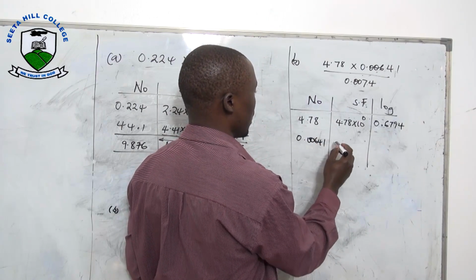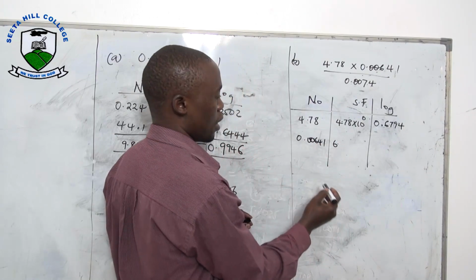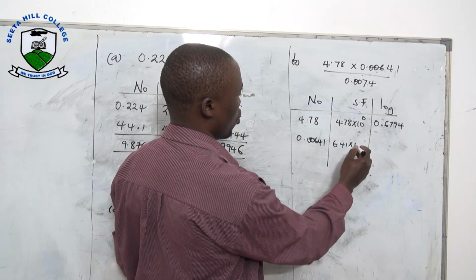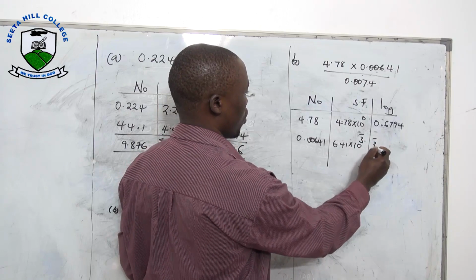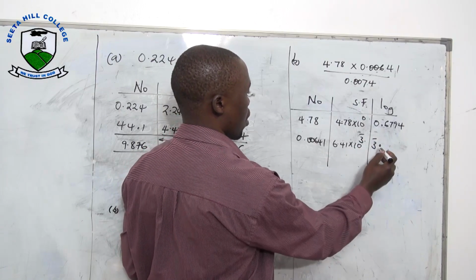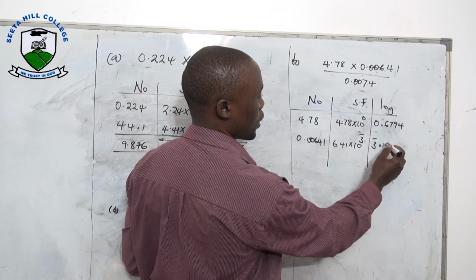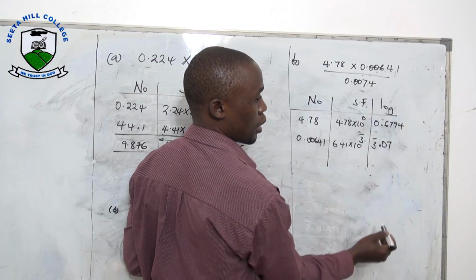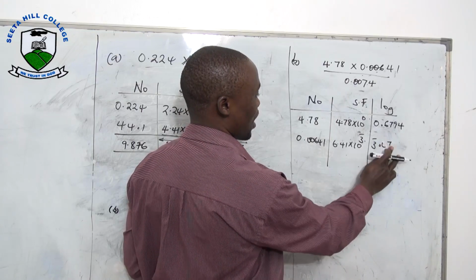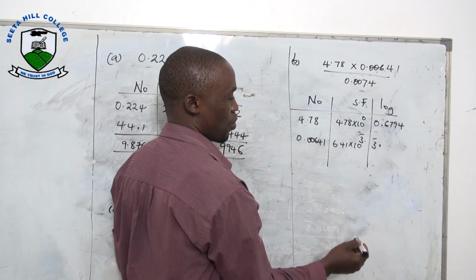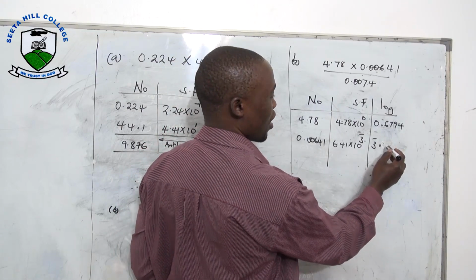So get now next 0.00641, that is 6.41 times 10 to power negative 3. So it gives us that. That will be 0.807. Read for us just those digits. 0.807.